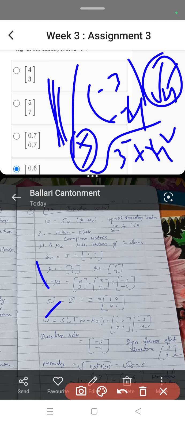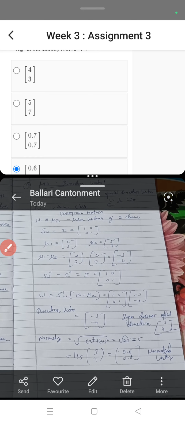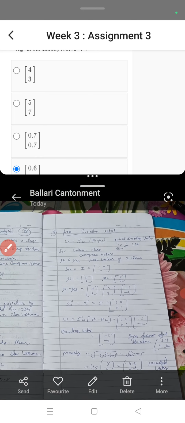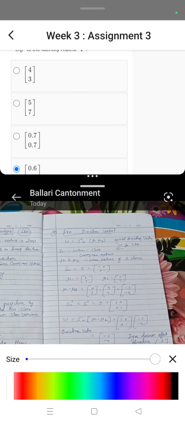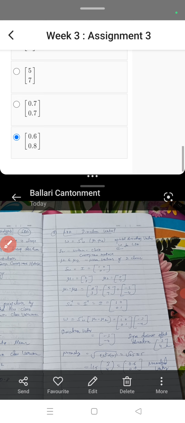So you divide by 5. 3 by 5 is 0.6, and 4 by 5 is 0.8. The sign doesn't affect the direction, so you can treat those as plus. So the correct answer is the last one, 0.6 and 0.8.